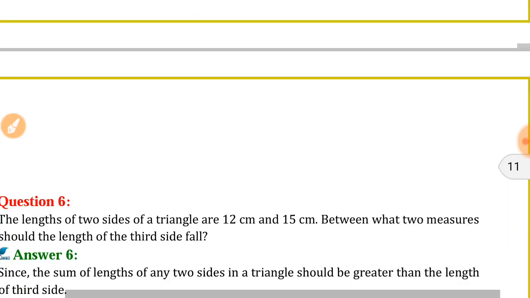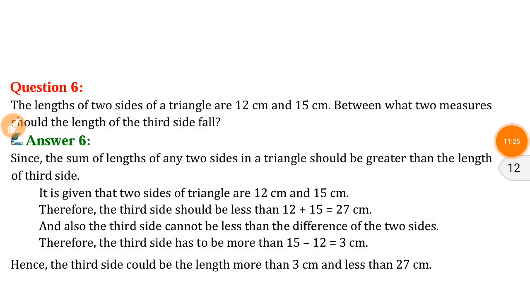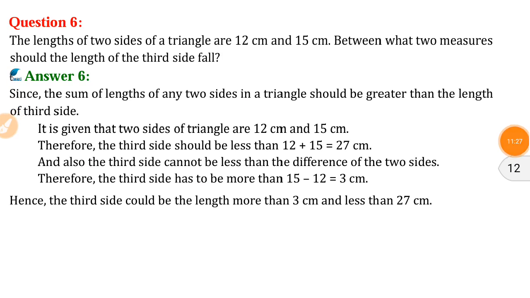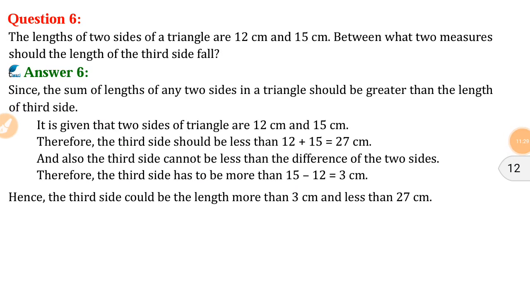Then next, sixth question. The lengths of two sides of a triangle are 12 centimeter and 15 centimeter. Between what two measures should the length of the third side fall? See, if these are the two sides, what will be the third? They have asked the question.